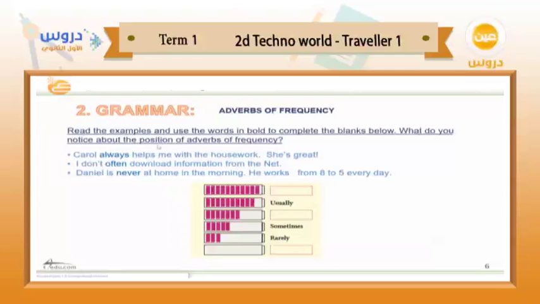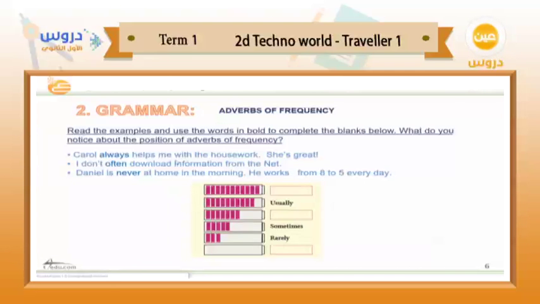What do you notice about the position of adverbs of frequency? Okay, sentence number 1. Carol always helps me with the housework. She's great. I don't often download information from the net. Danielle is never at home in the morning. He works from 8 to 5 every day.